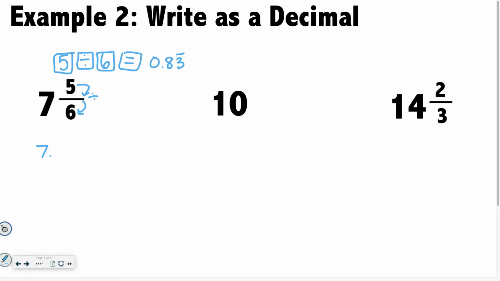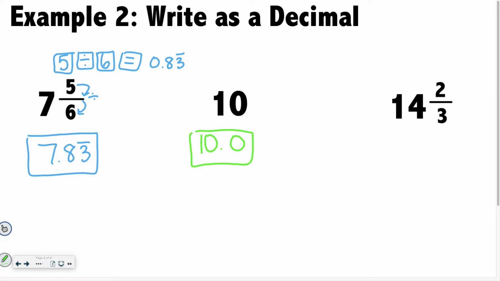So that 3 ends up repeating. So my answer would be 7.83 repeating. And that's all I would have to put for that one. When you start with a whole number, that's pretty nice. You just do 10.0 because there's no fraction, right? So it would be .0 to represent the fact that there's no fraction. So all done with that one.